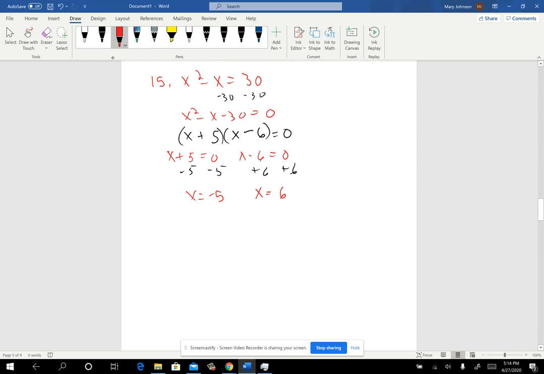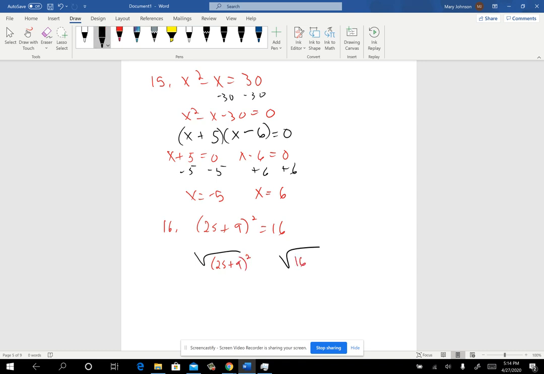All right. Then I wanted to look at number 16. That one is set up where you have something squared equals a number. So you're going to first get the squared part isolated, which it is. And once it's isolated, you can square root both sides to undo the squaring.